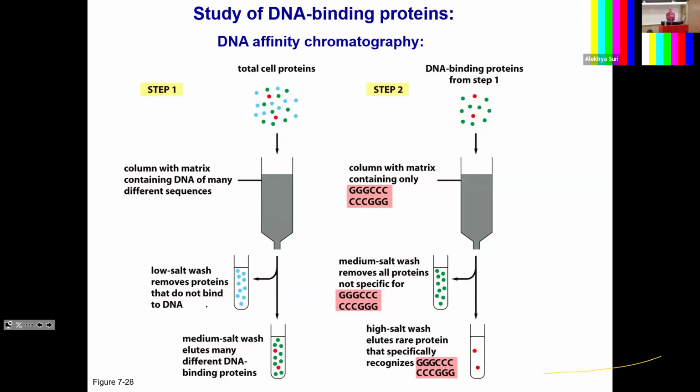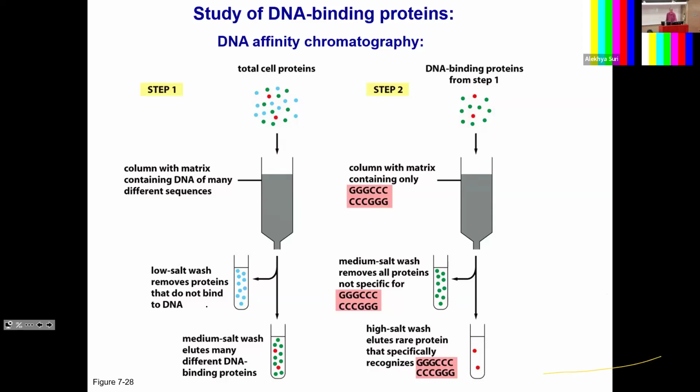If, for example, histones or transcription factors would bind the column material, that's what it should be. And this binding transcription factor would be much stronger compared to, for example, a cytosolic protein interacting with this material. So you have a low salt wash, you can remove something that's unspecifically bound.